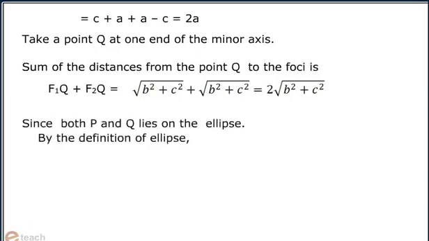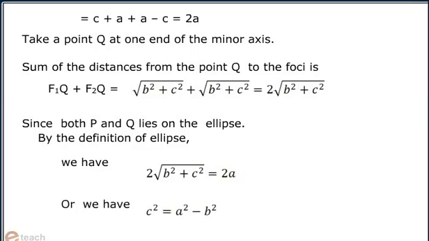Since both P and Q lie on the ellipse, by the definition of an ellipse, we have 2√(b² + c²) = 2a, or c² = a² - b².